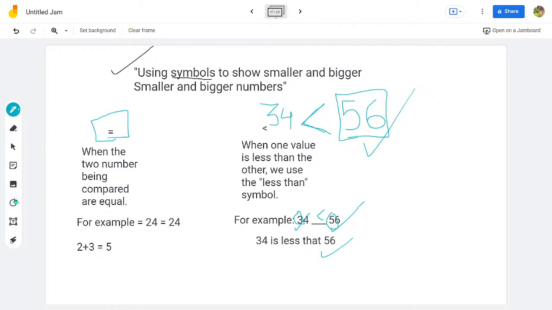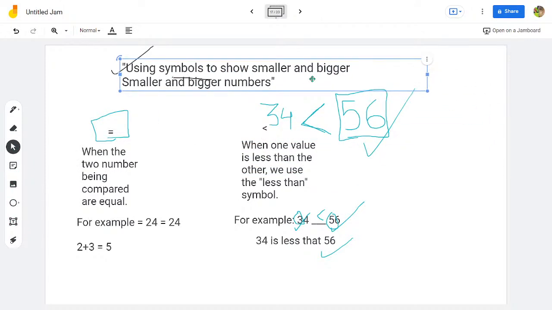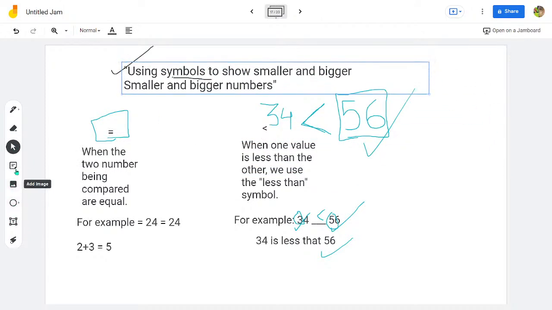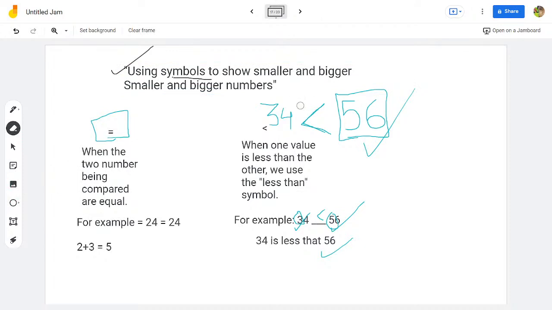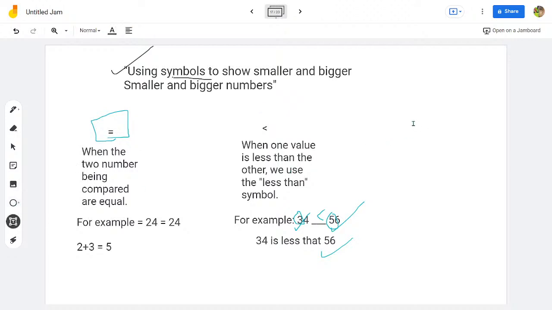Okay, now let's move on and discuss the more than symbol. Okay, so here's the third symbol, the more than symbol.